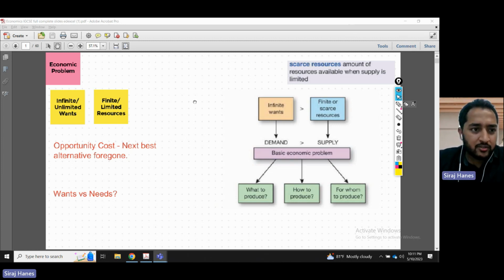So we're going to start off with the economic problem. The key problem here is that resources are scarce. Some may ask, what are these resources then? If I were to broadly categorize, they would fall into land, labor, capital, and enterprise.